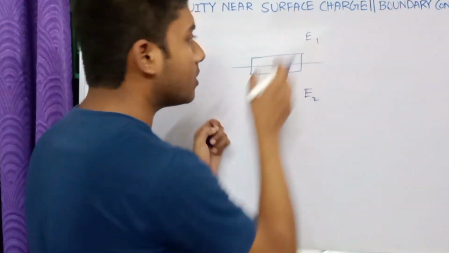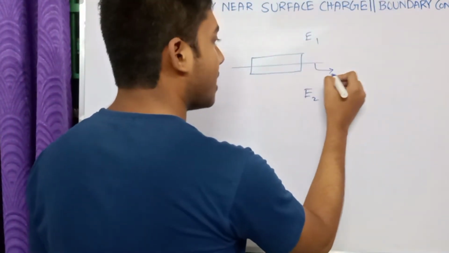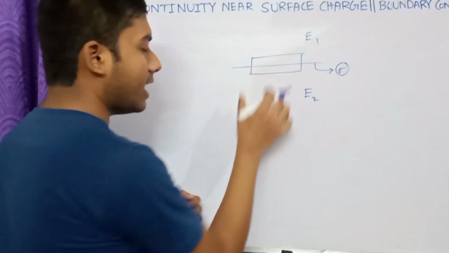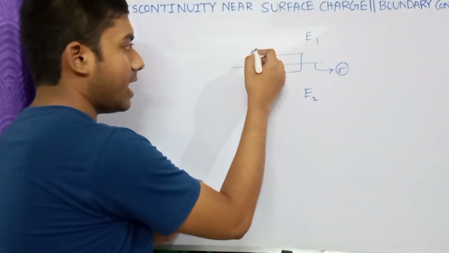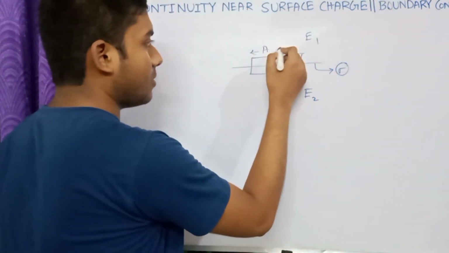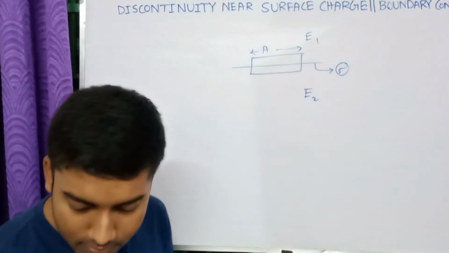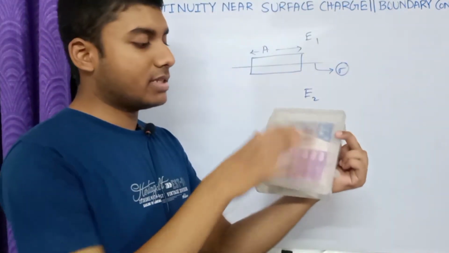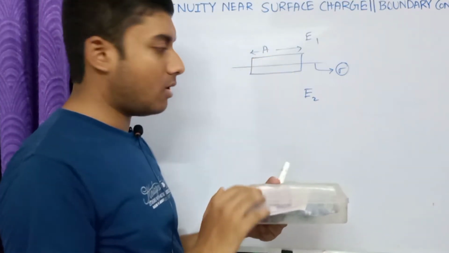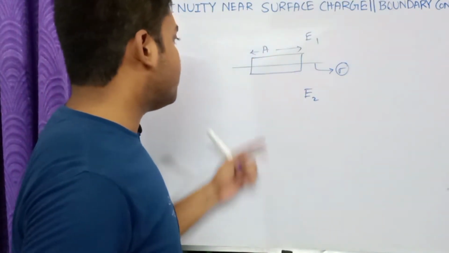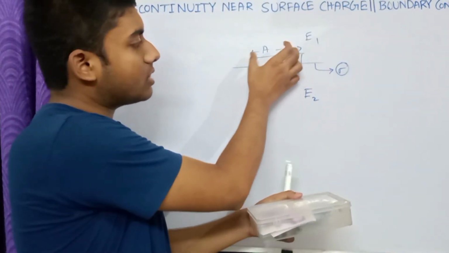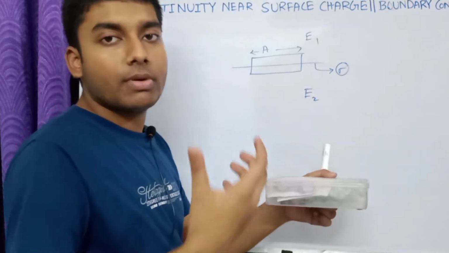And this is our surface charge density, suppose sigma, and the upper surface area of the Gaussian pillbox is suppose A. That means the area of this plane is A.